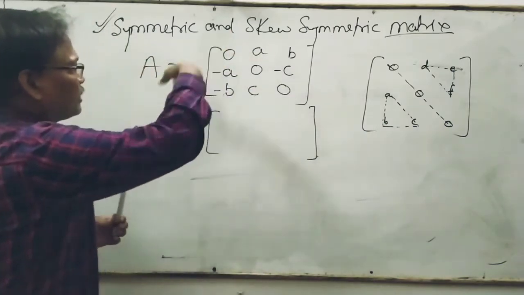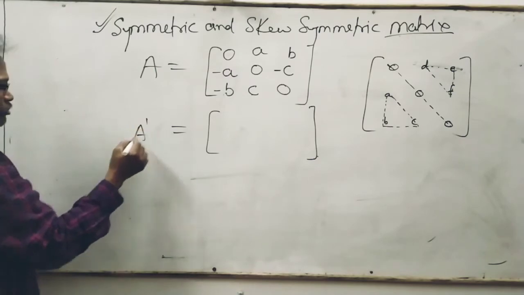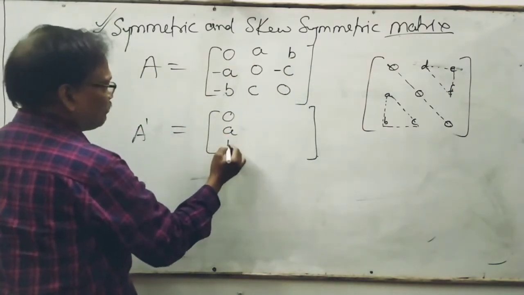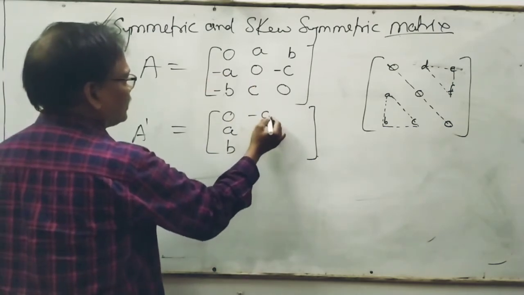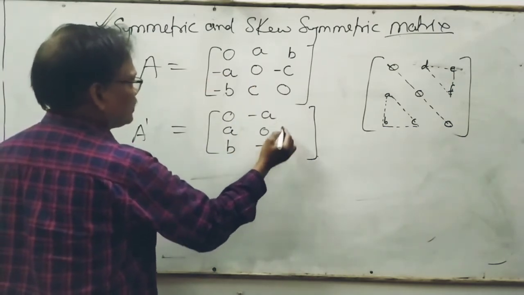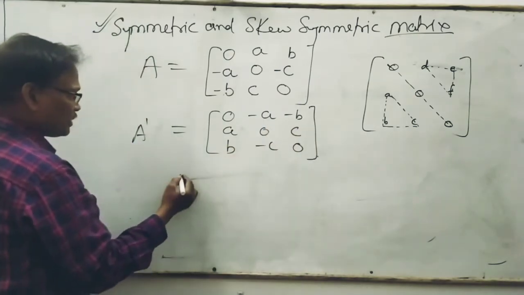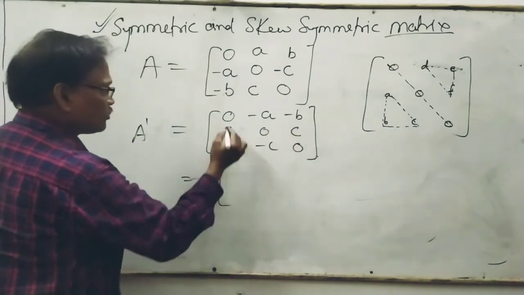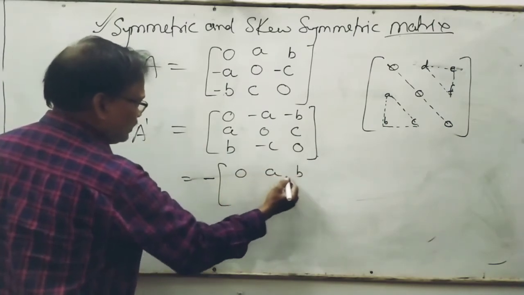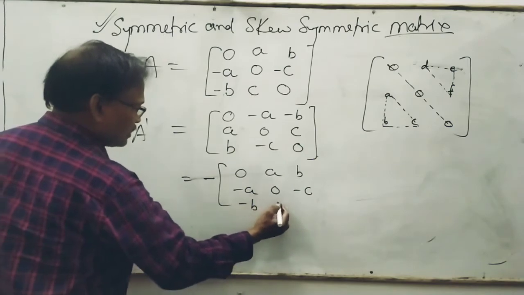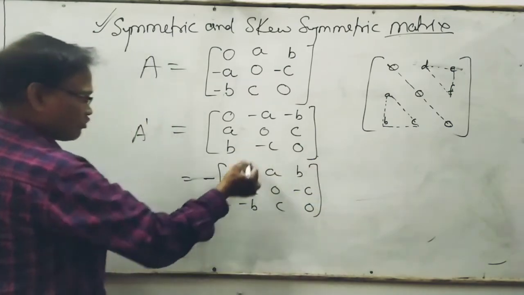If you take the transpose of this matrix, now we talk about the transpose. So what is the first row? 0 A B, minus A 0 minus C, minus B C 0, and if you take the common minus sign, then 0 A B, minus A 0 minus C, minus B C 0, minus sign common.